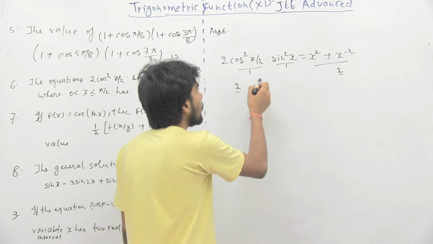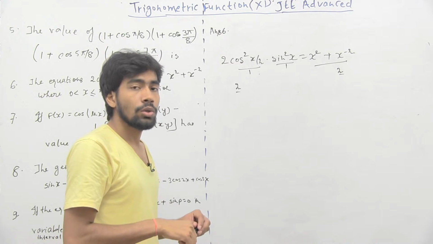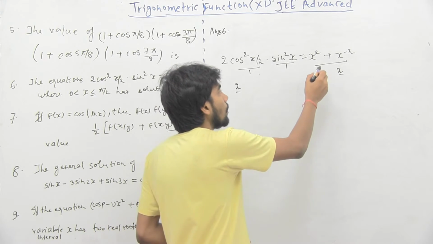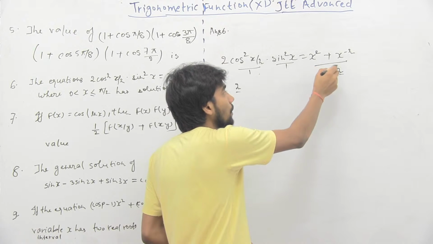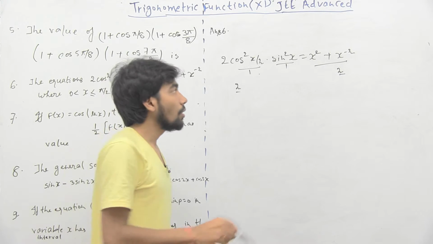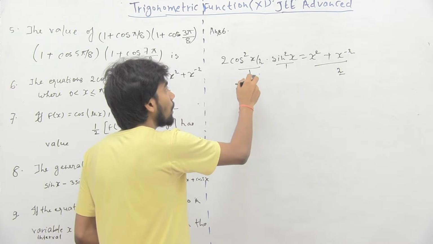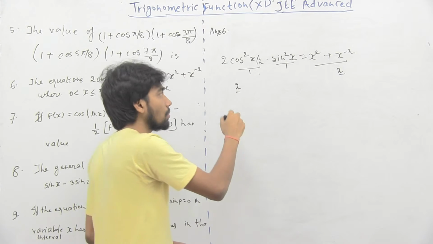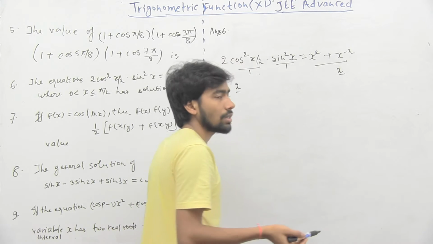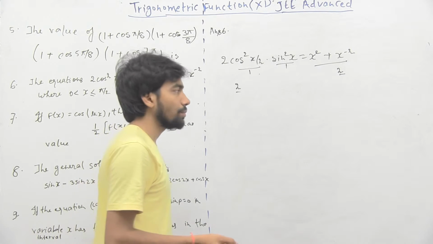So we are getting that in LHS the maximum value is 2 and in RHS the minimum value is 2. So we will see whether the equality holds. We know where equality holds in the RHS: when x equals 1. Put 1 in LHS, can we get 2? No, because cos square 1 by 2 will not equal 1, neither will sin square 1 give you 1. So there will not be any solution.